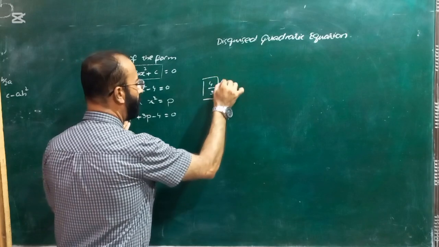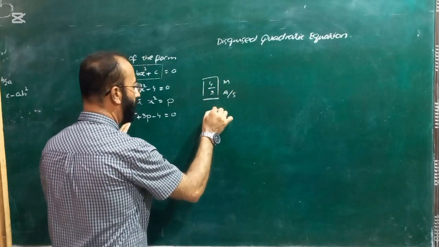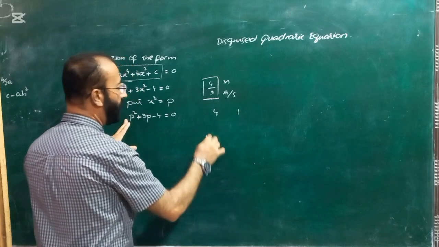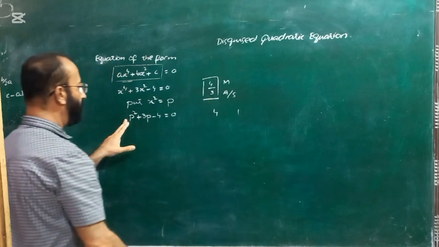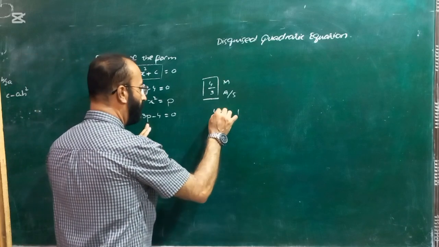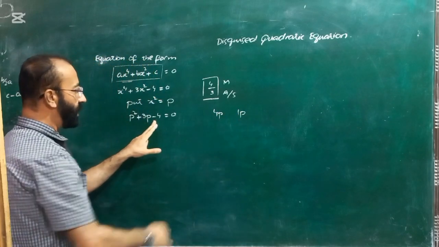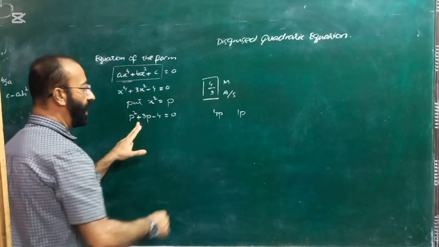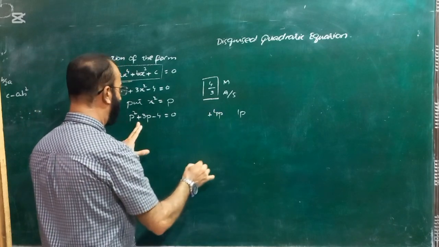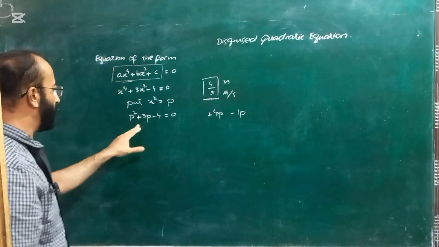Now think of a pair of numbers whose multiplication equals this one and whose addition or subtraction equals this one. So 4 and 1, because 4 times 1 is 4 and 4 minus 1 is 3. Write the single variable with both these numbers. The minus sign shows that the numbers will have opposite signs, and this sign shows that the greater value will have positive and the other will have a minus sign.